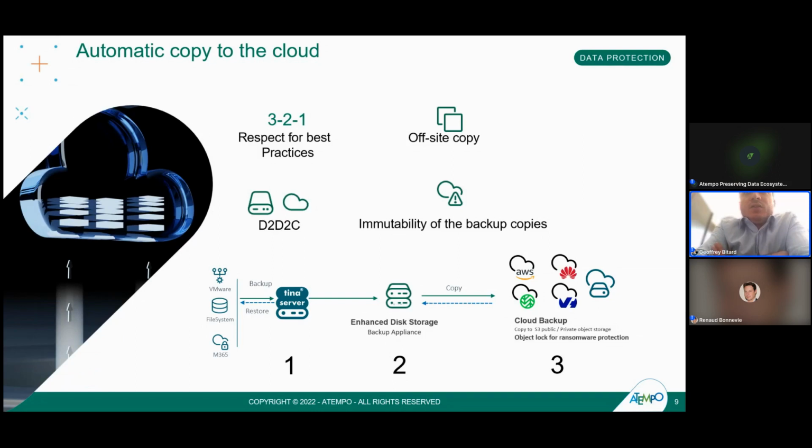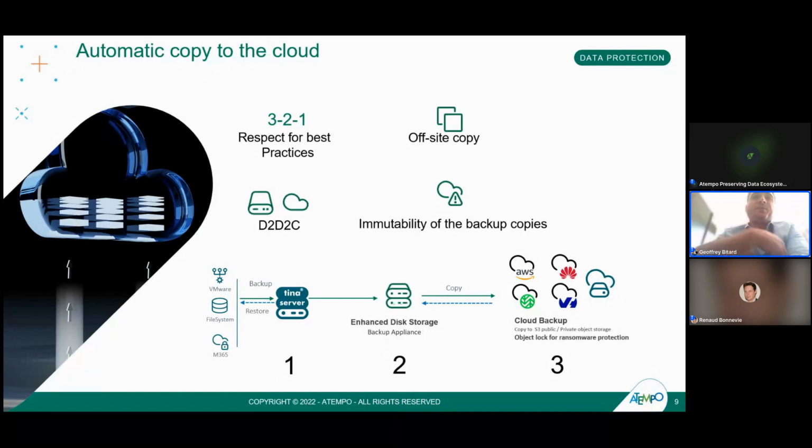Today, we're going even further because we provide what we call disk to cloud. Basically, if you have a copy of your backup on a disk, then Tina will be able to automatically make a copy of this one in the cloud.